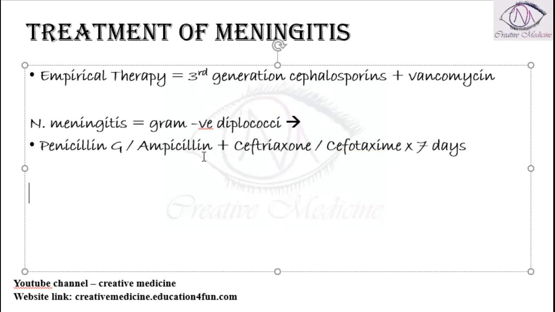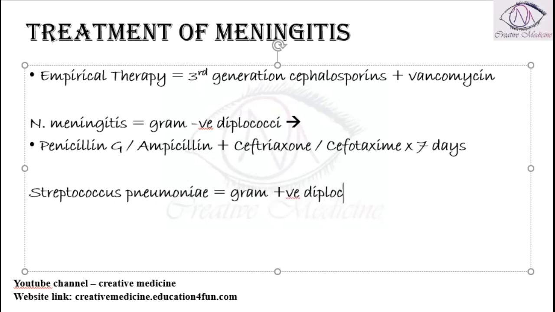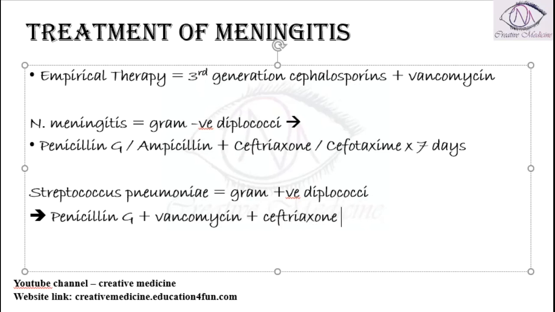Then, if the meningitis is due to the organism Streptococcus pneumonia, which is actually a gram positive diplococci, in this case we can give penicillin G with vancomycin and ceftriaxone for 14 days.